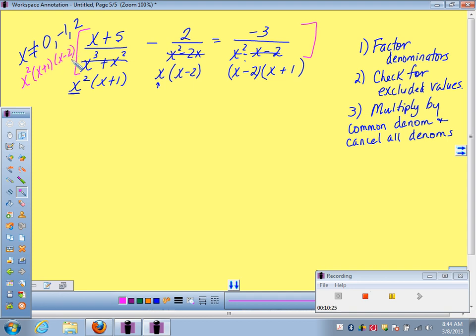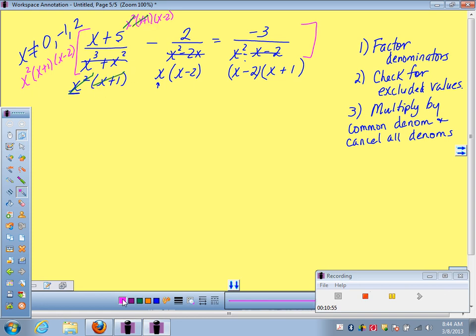Okay, so now I'm going to write this out on every single fraction. You don't have to, but at first I think it helps people. When I take that times this first fraction, times x squared, x plus 1, and x minus 2, what's going to cancel? The x squareds are going to cancel, aren't they? The x plus 1s are going to cancel.